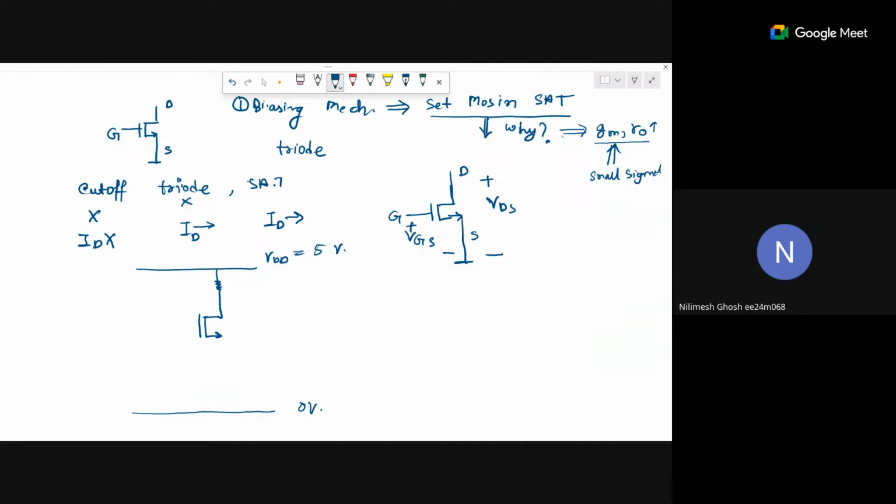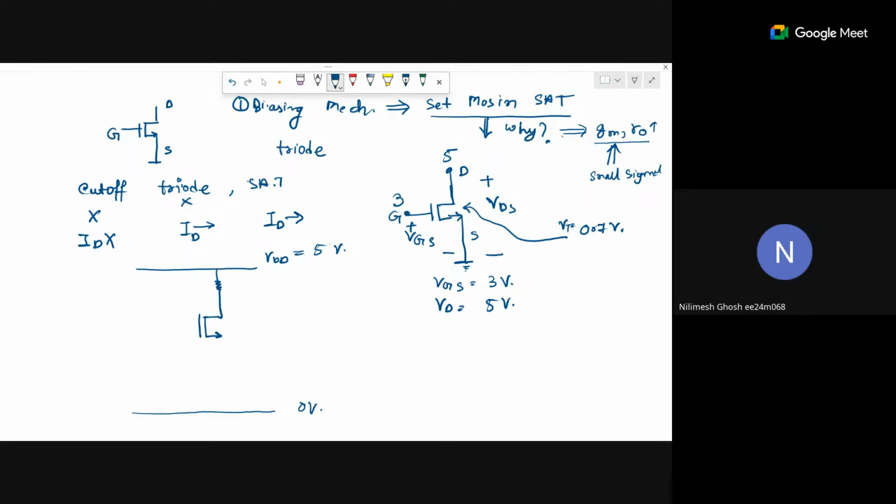Let's say this is 5 volt, and let's say this is 3 volt. Now what is VGS? 3 volt, because this is ground. What is VDS? 5 volt. Now let's say for this particular MOSFET, the manufacturer told me it has a threshold voltage of 0.7 volt. VT equals 0.7 volt.